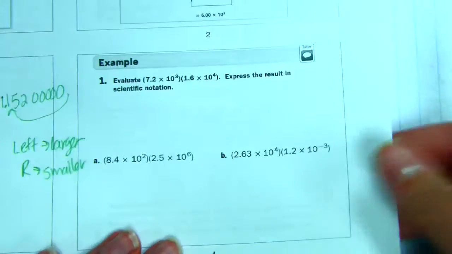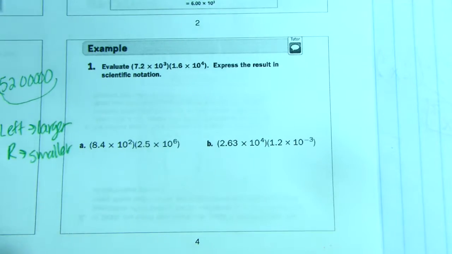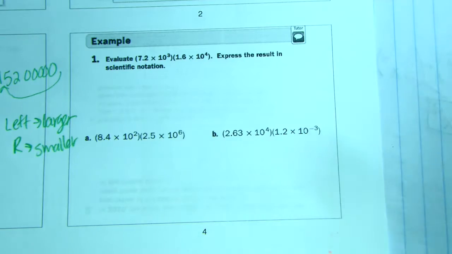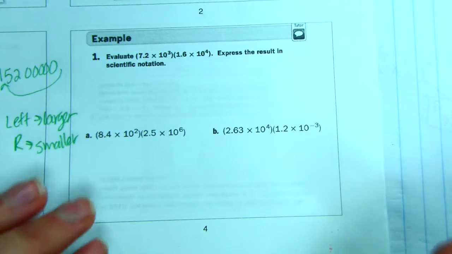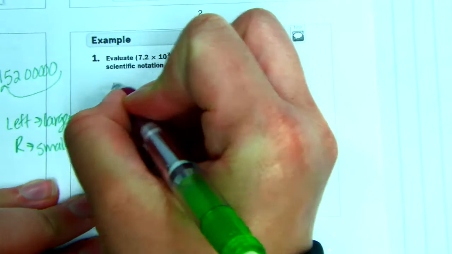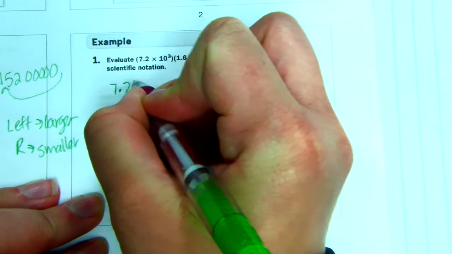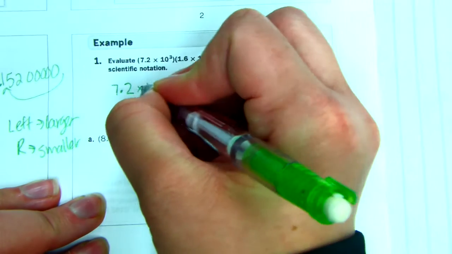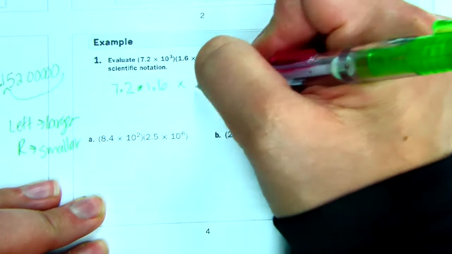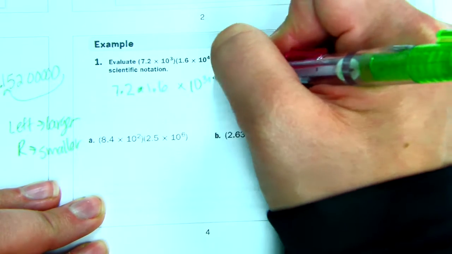Okay, so moving on to actually computing with scientific notation. We have 2 coefficients and 2 exponents. So this is really nice. You're going to need your calculator. But all we have to do is multiply the coefficients like normal, and then I should probably use a dot here, that'd be better, or parentheses. And then we add our exponents just like we've been doing.